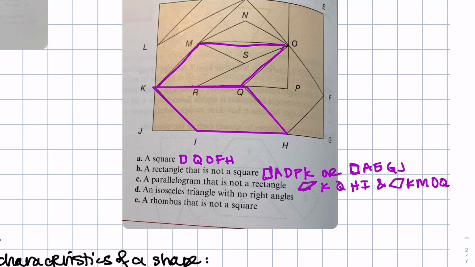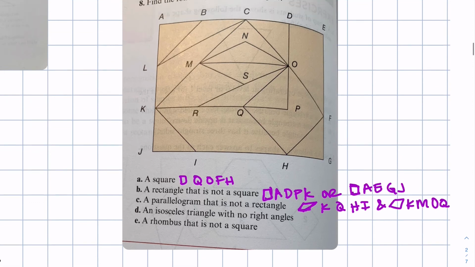An isosceles triangle with no right angles. Okay, so isosceles triangle means two of the sides are equal length and it has no right angles. So I think this is one. M, C, O. And I also think this is one. So that would be the points of this one are M and O. Are there more?